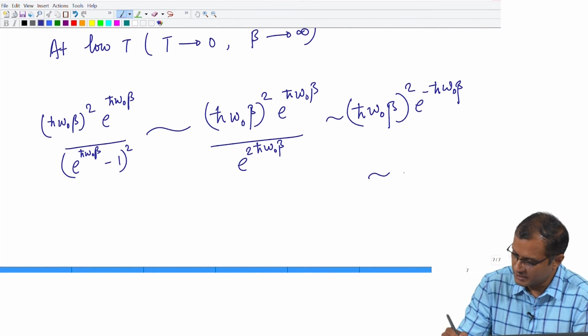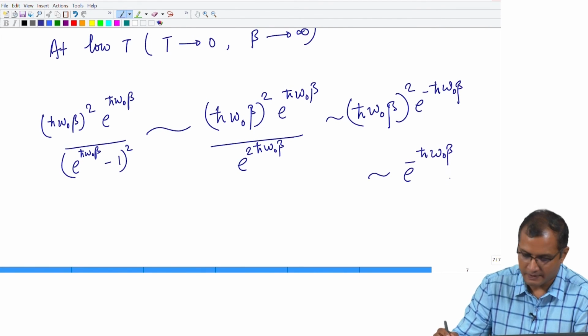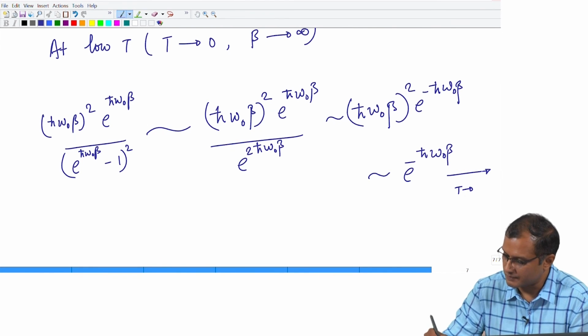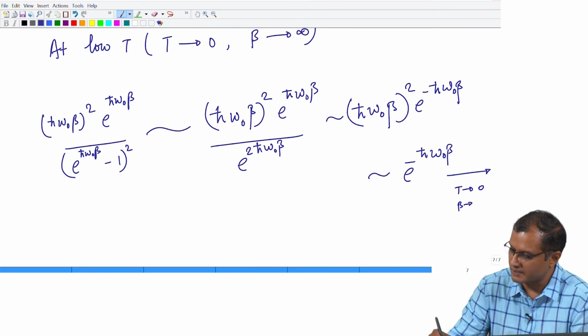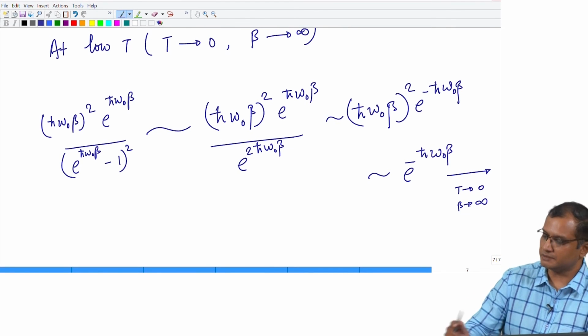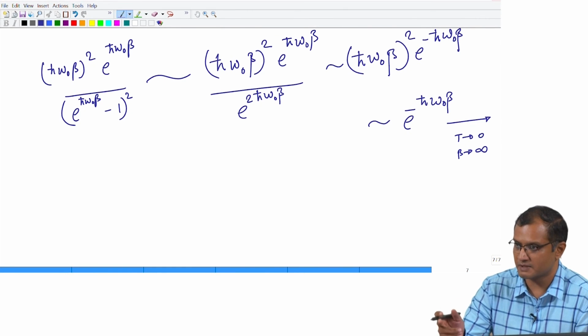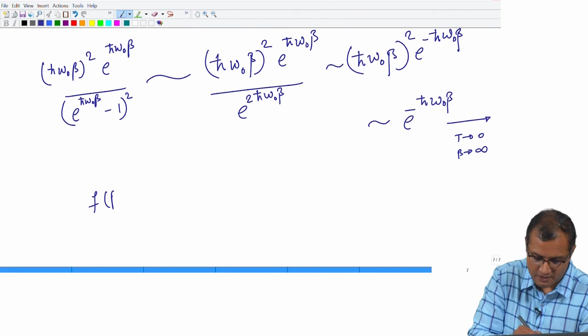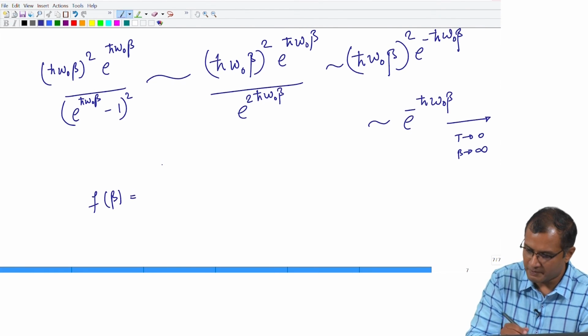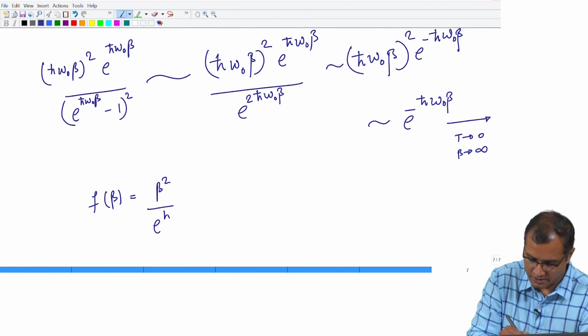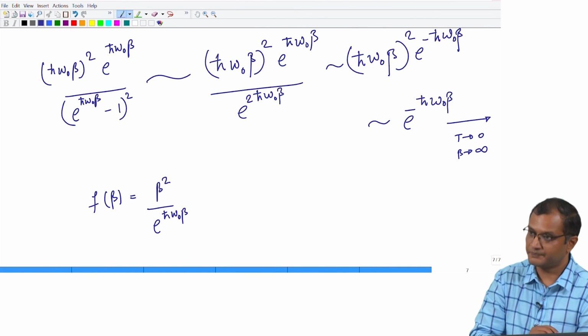and this I will argue goes as e raised to minus h cut omega 0 beta as T goes to 0 or beta goes to infinity, for the simple reason that beta square e raised to minus h cut beta will go as e raised to minus h cut beta by L'Hopital's rule. So, you can see my function is basically, I can drop h cut omega, just beta square over e raised to h cut omega 0 beta.